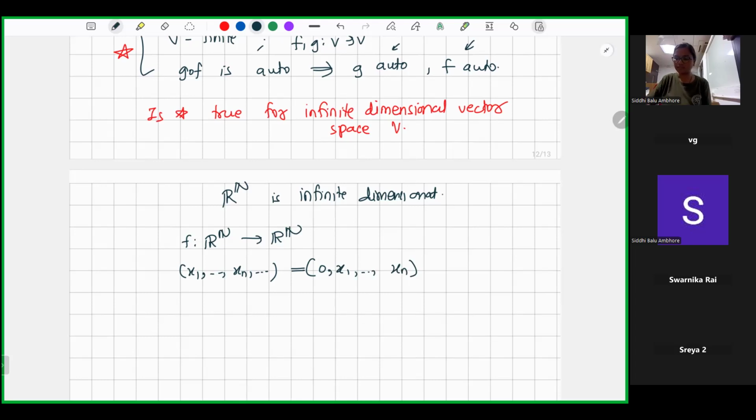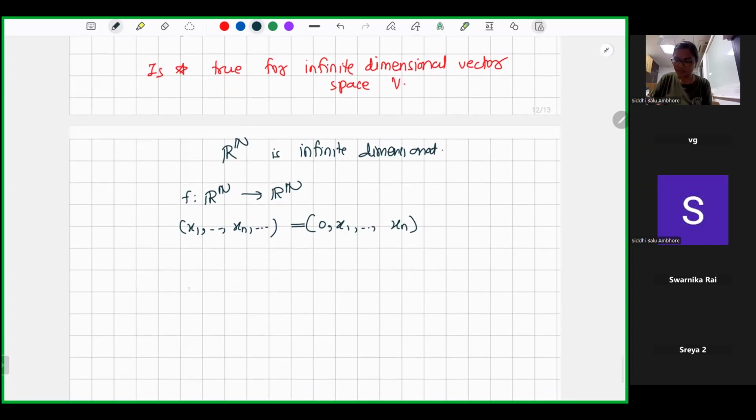It goes like this. Is this correct? Let us see. We will switch G and F accordingly, but this works.